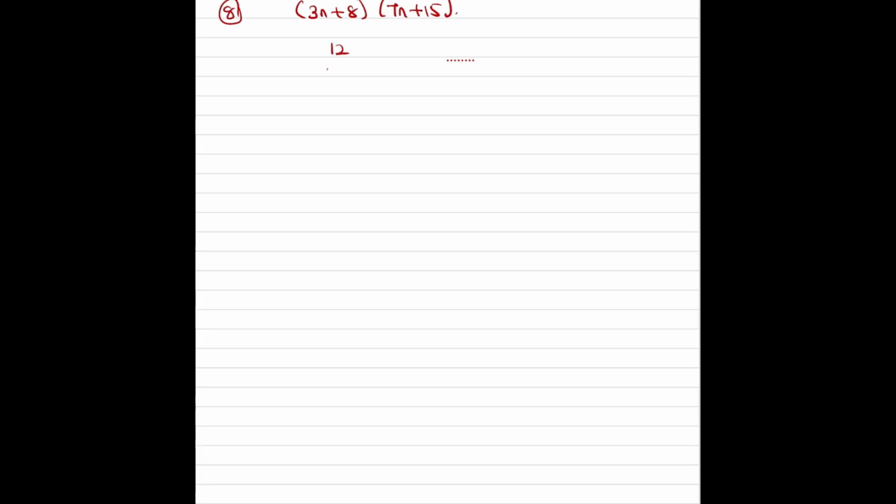We have to find the 12th term as well as the mth term. So this is a formula question. So now what we are going to do: let the first AP have the first term A1 and the common difference D1.